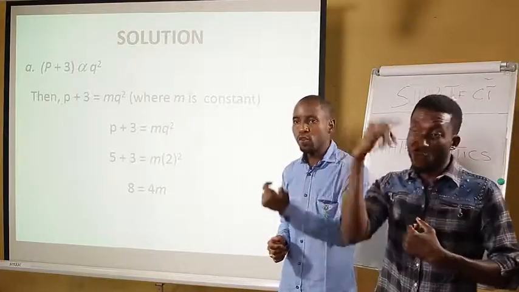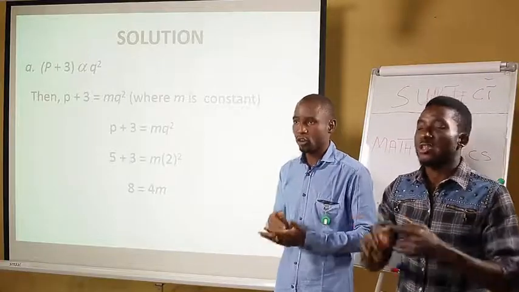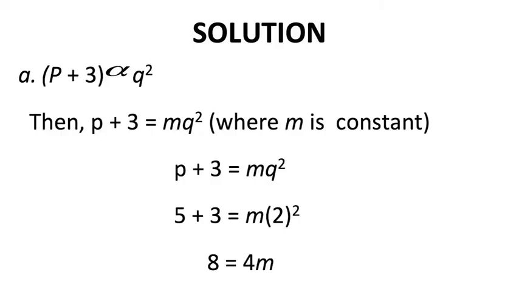Then for you to remove the proportionality sign, you have to introduce a constant. Then we have p plus 3 equals mq squared, where m is the constant.